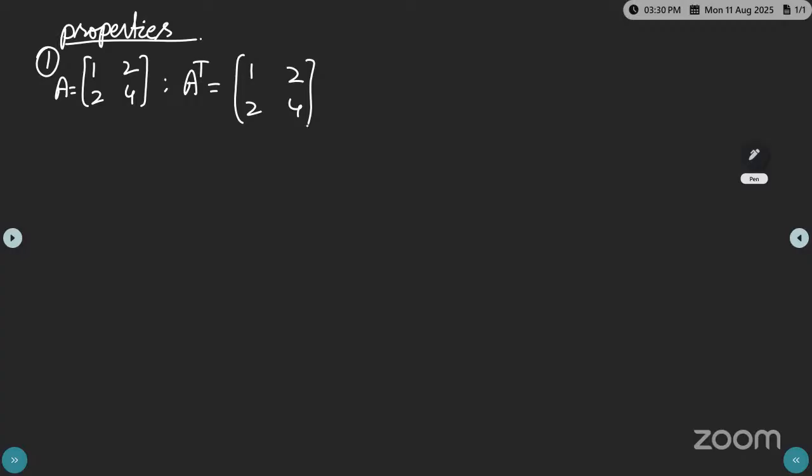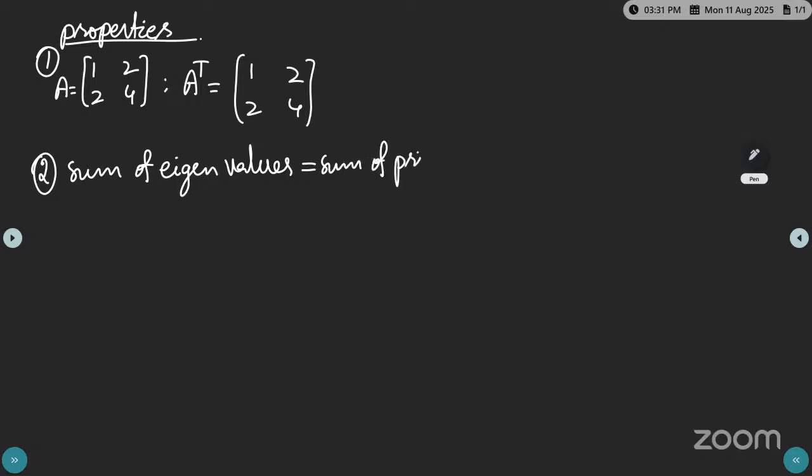Second property. The sum of eigenvalues of a matrix is equal to the sum of the principal diagonal elements.